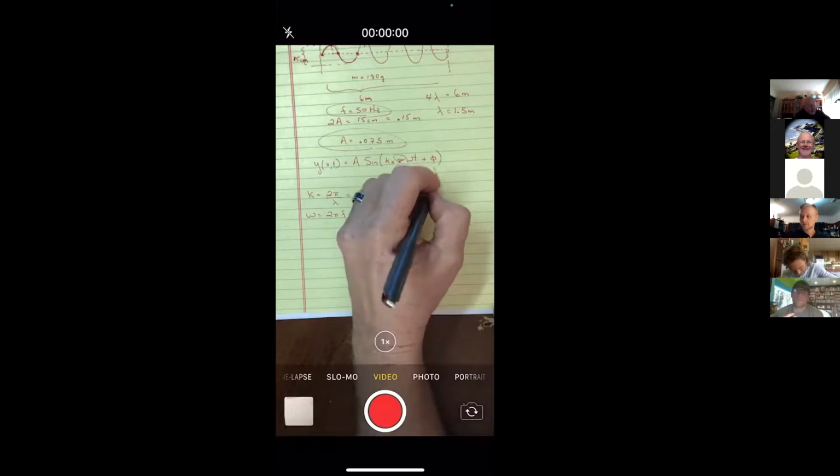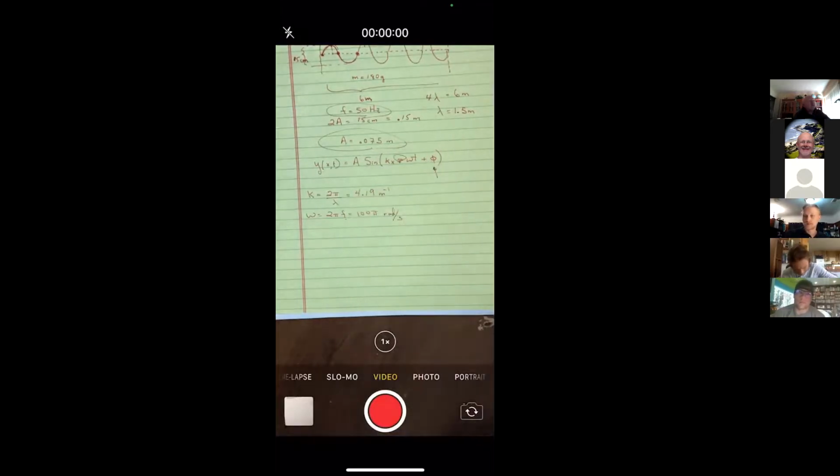Now, the last one here is the phase. Let's see, what information do they give me that would help me decipher what phase they want? They say sinusoidally. So if you shift it, you don't have a pure sine, you have a cosine. So I think that is the information. It's not very strong information because we do get careless.